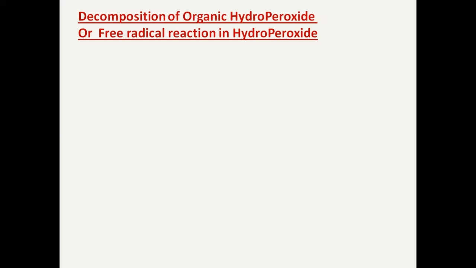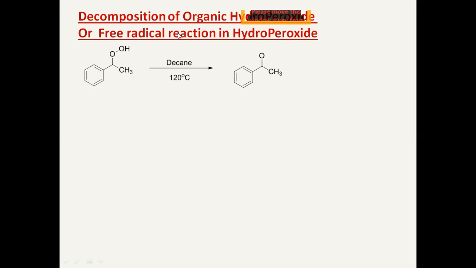So one of them is hydroperoxide. What is a hydroperoxide? It is when there is an oxygen-oxygen linkage, and on one side of the oxygen there is a hydrogen, and on the other side there is an alkyl group, R. When you heat such hydroperoxide compounds at high temperature, free radical formation takes place and results in the formation of ketones.